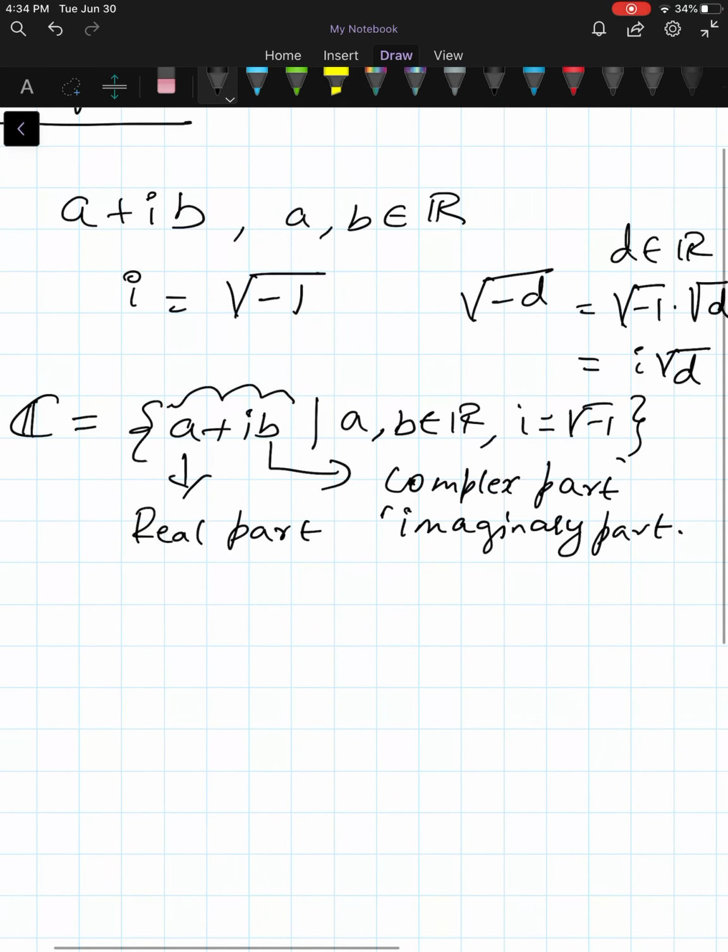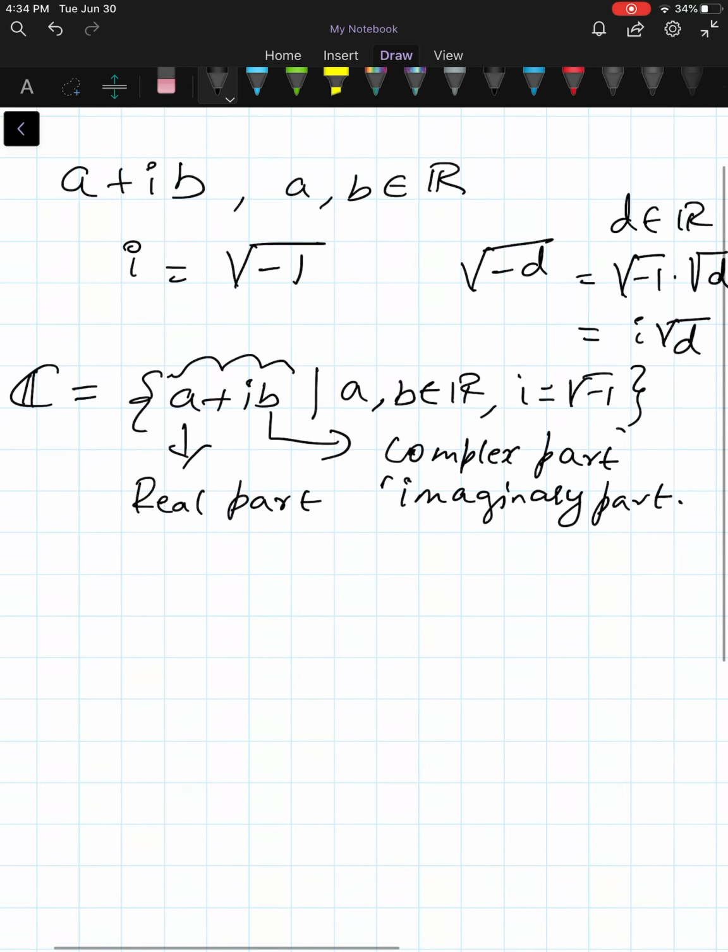So every real number is also a complex number. Suppose 4 is a real number. Then 4 can be expressed as 4 plus i0, where the imaginary part is 0. Therefore every real number is a complex number, but every complex number is not a real number.